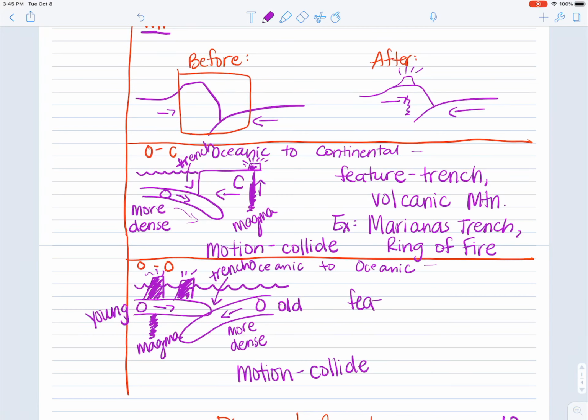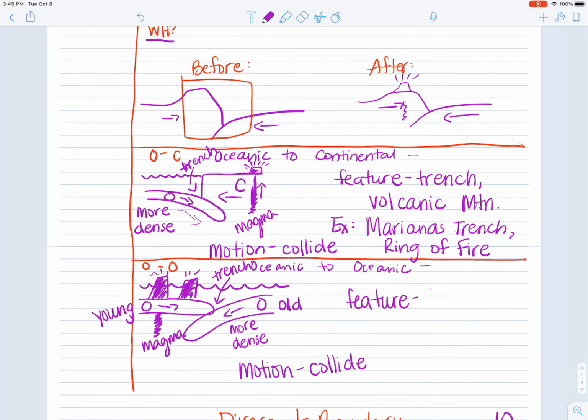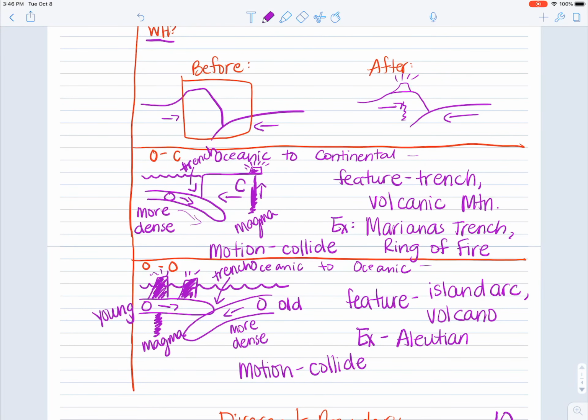The feature that is made from here is going to be an island arc, like an arc of islands, and a volcano. And then the real world examples of this are the Aleutian Islands, which can be found in Alaska. Also Japan.